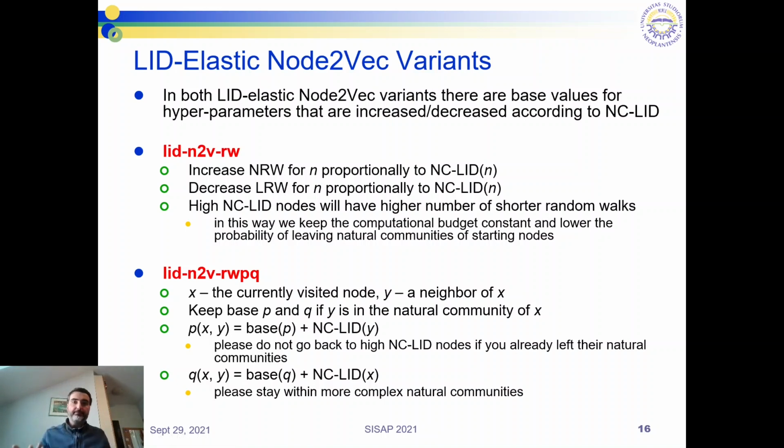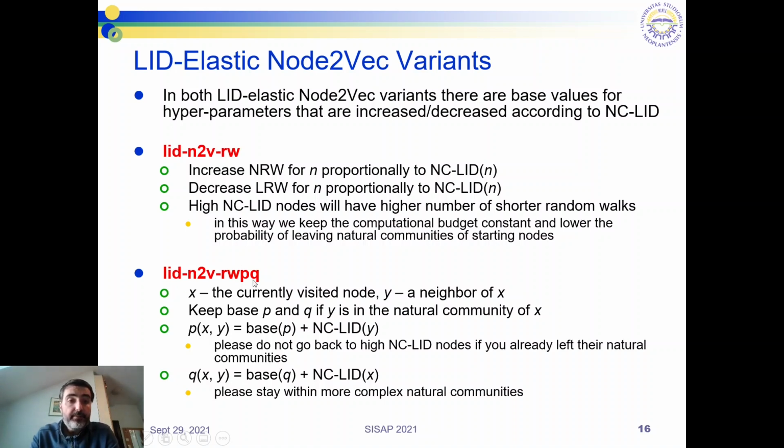This makes sense since if we are at a node which has more complex surroundings, we want to stay inside more, have more random walks, and keep them shorter. And also it's convenient because that way we approximately keep the computational budget the same, so the method will not have a much different runtime.